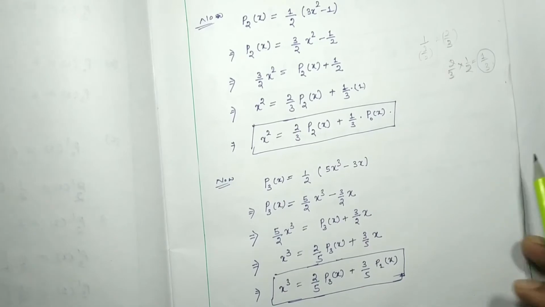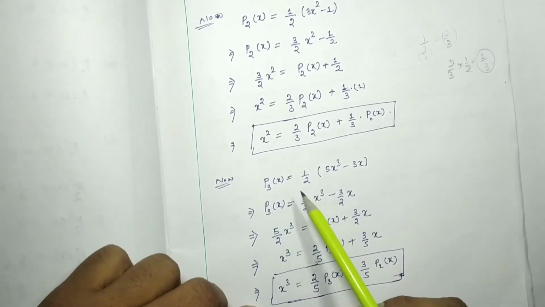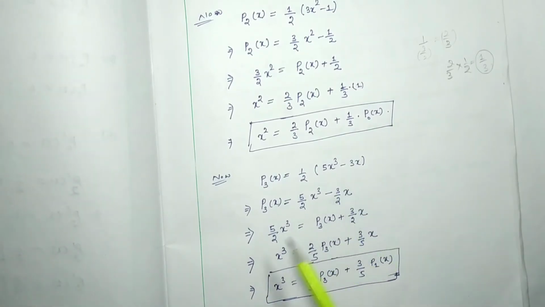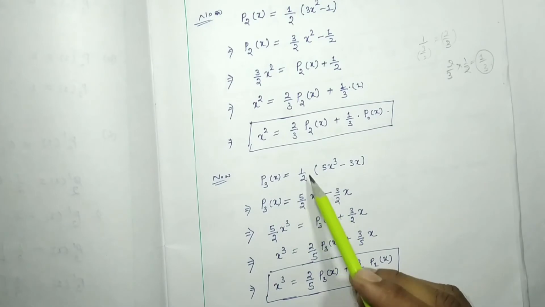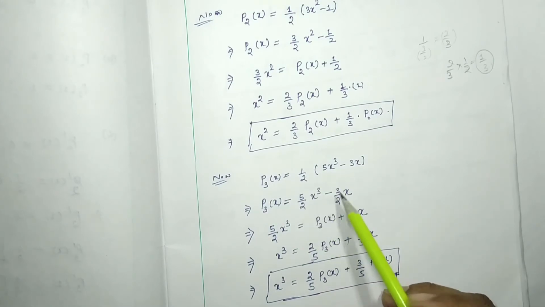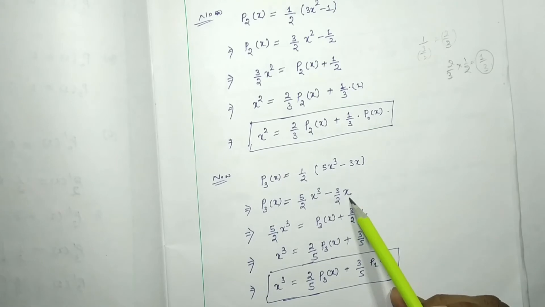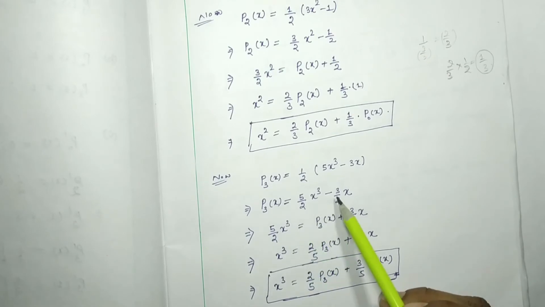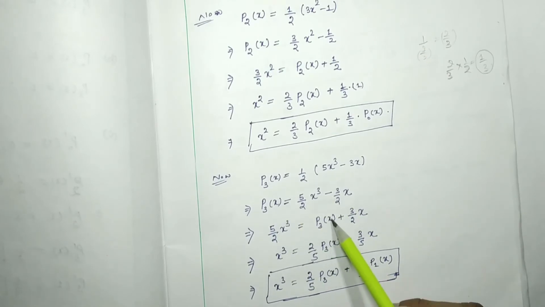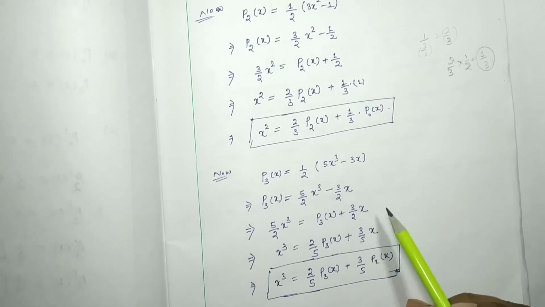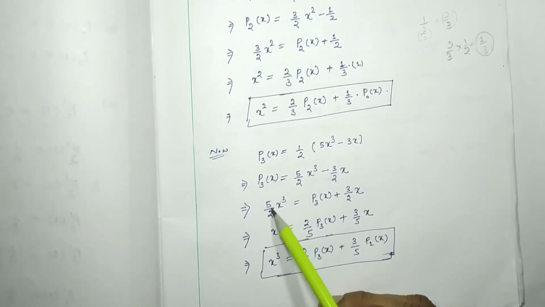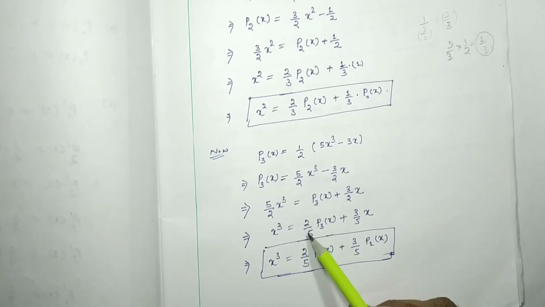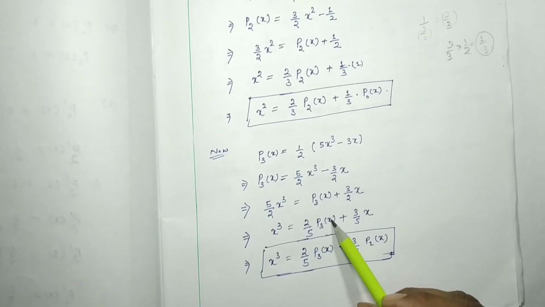Okay, now p3(x), we know that it is 1 by 2 (5x cube minus 3x), right? So p3(x) will be equal to, just multiply, 5 by 2 x cube minus 3 by 2 x. That implies 5 by 2 x cube will be equal to p3(x) plus 3 by 2 into x. Okay, so x cube is equal to, this 5 by 2 is going to be divided on the right side, so it will be 2 by 5 p3(x).